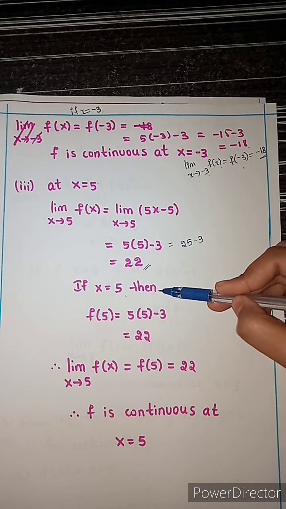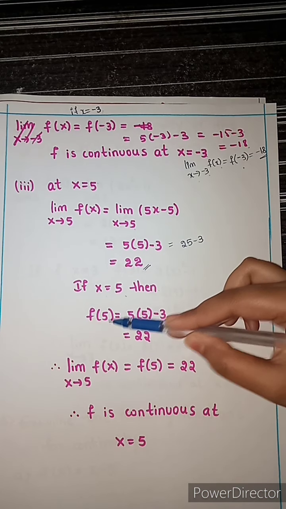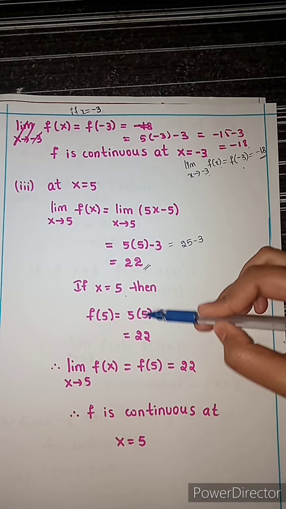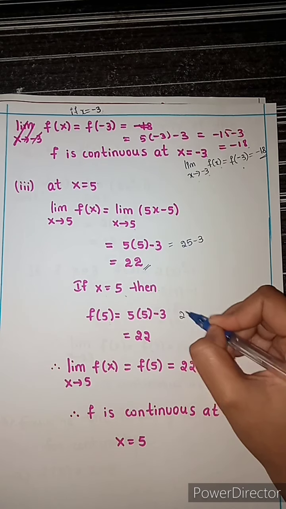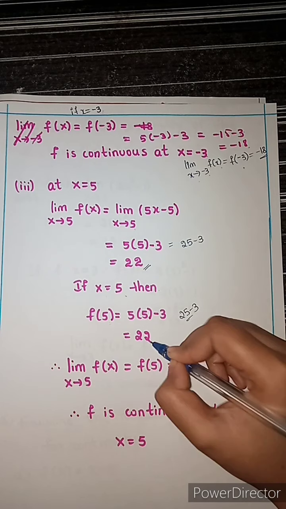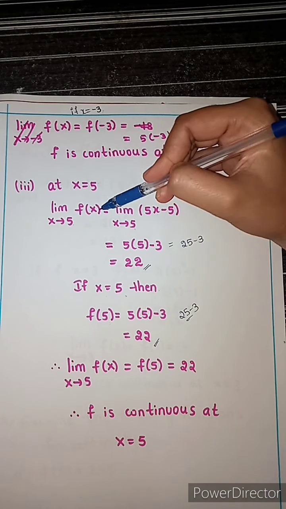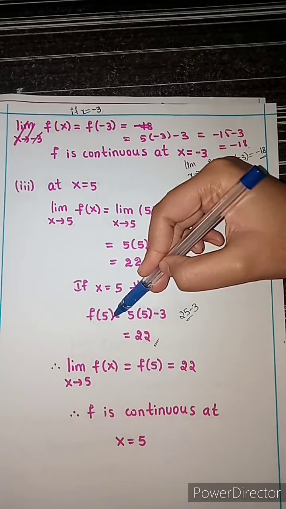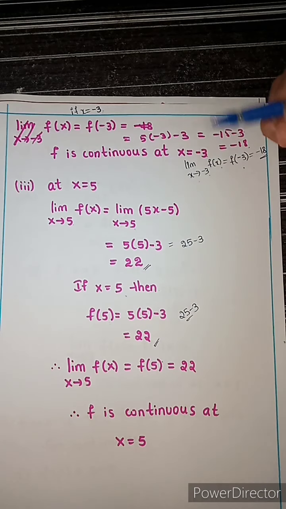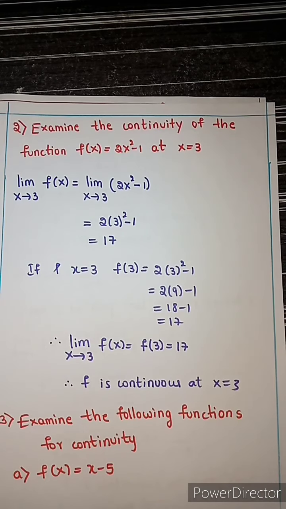Now take x equal to 5. Then f of 5. Put 5 in the place of x. 5 into 5, 25. Minus 3, 22. Now see, limit x tends to 5, f of x is equal to f of 5. So therefore f is continuous at x equal to 5.